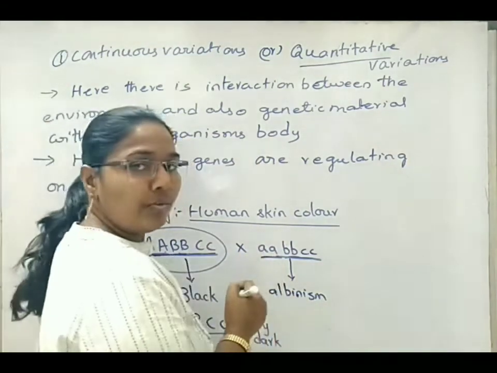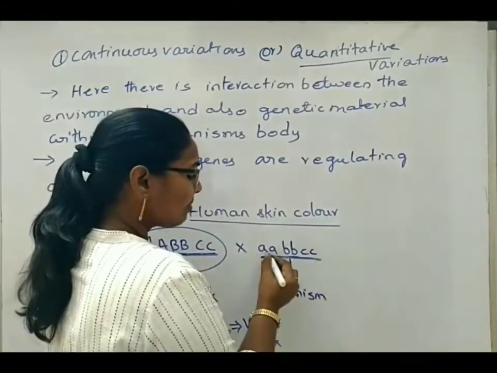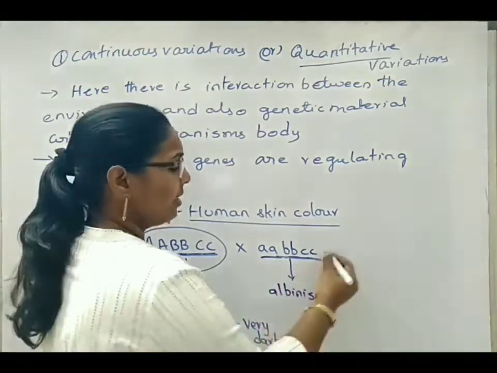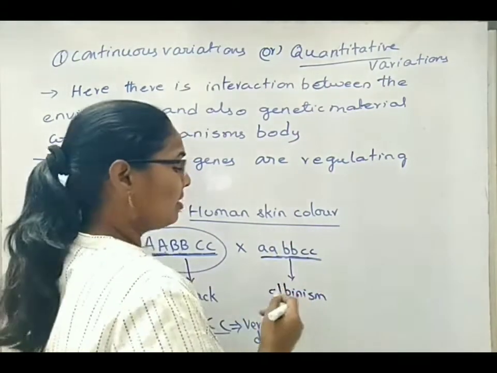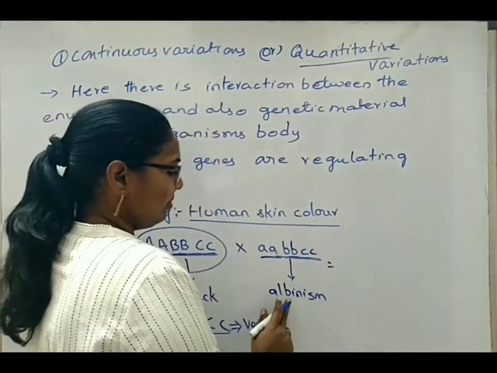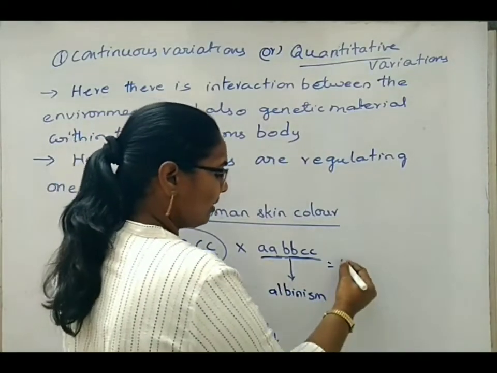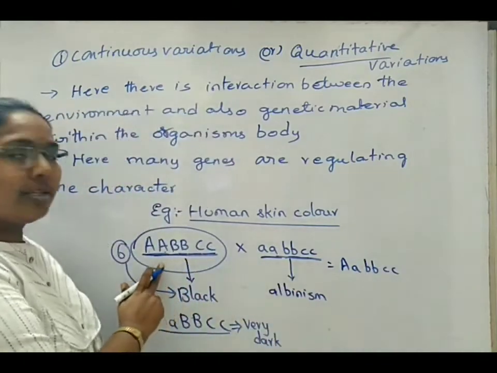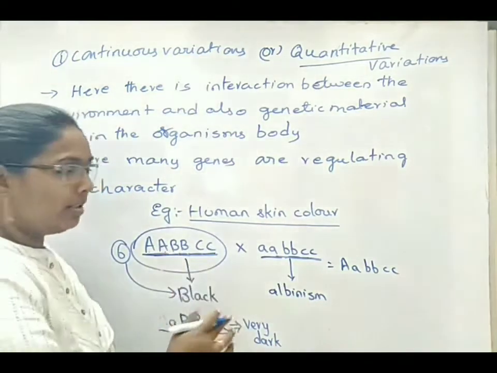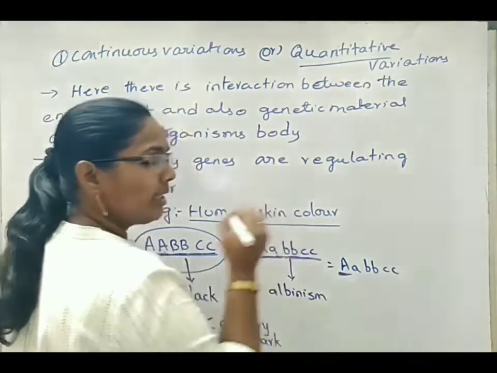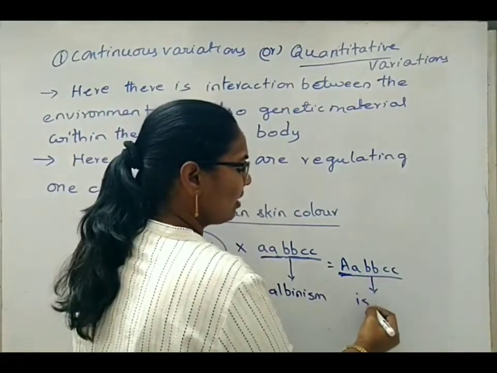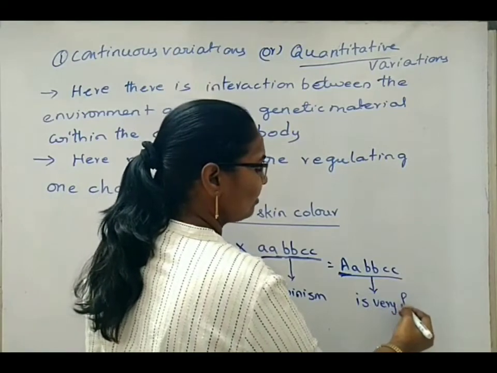Likewise, here also we will see another example. Here there are 6 different alleles and 3 pairs of genes. Now, his skin color is albinism. If I write like this, which are not getting expressed in presence of dominant one purely, but it has only one dominant allele. In such a condition, this person's skin color is very fair.